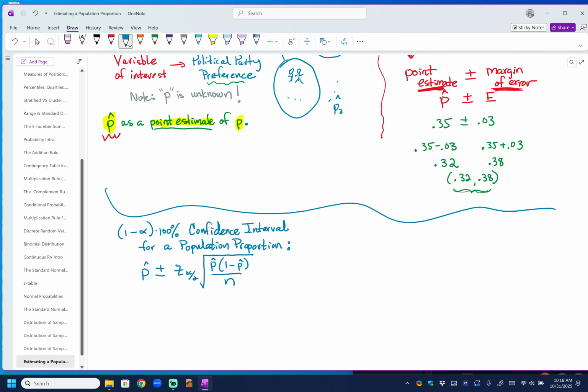Okay, so we have our point estimate right here, which is our sample proportion, p hat. And then on this side, as stated up here, we have our margin of error.